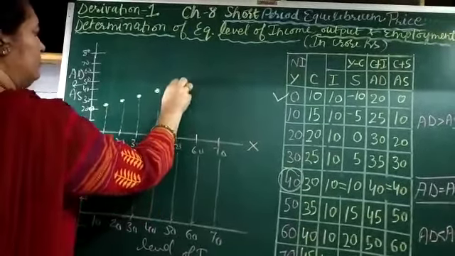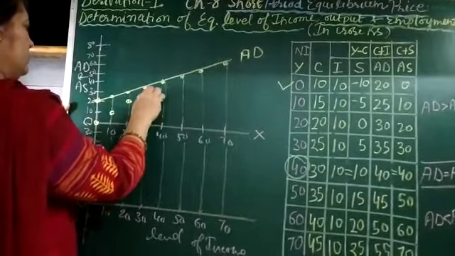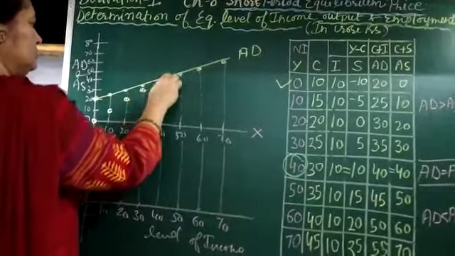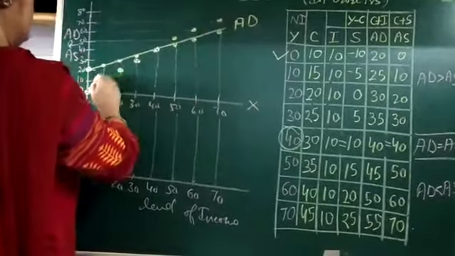Then let us draw aggregate supply. At 0 level of income, aggregate supply is 0. At 10, 10; at 20, 20; at 30, 30; then 40; 50; then 60, and the last one is 70.